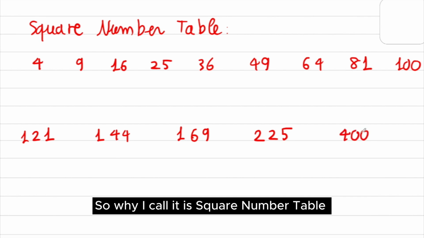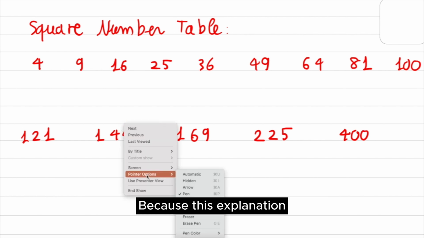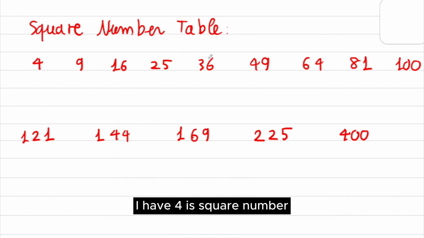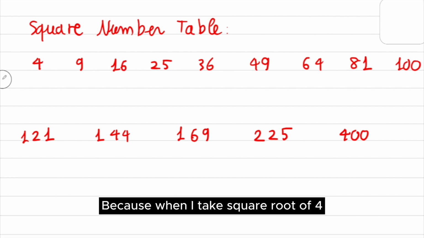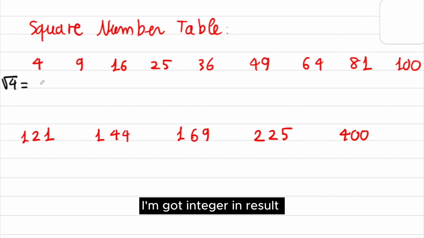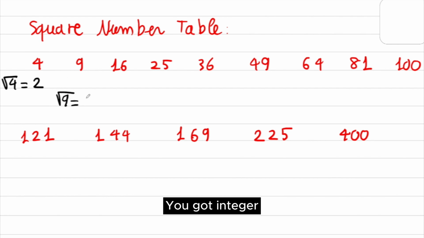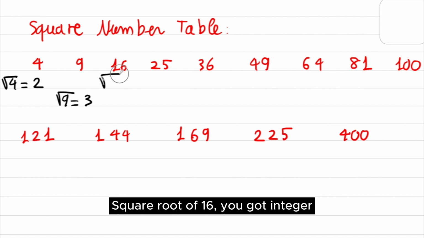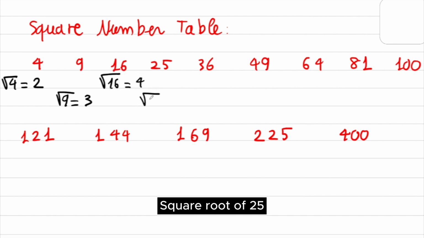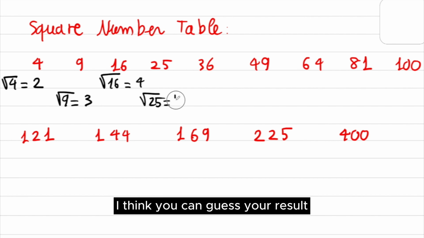Why do I call this the square number table? Because in this explanation, when I take the square root of 4, I get an integer as the result: 2. The square root of 9, you get an integer. The square root of 16, you get an integer. The square root of 25, I think you can guess the result.